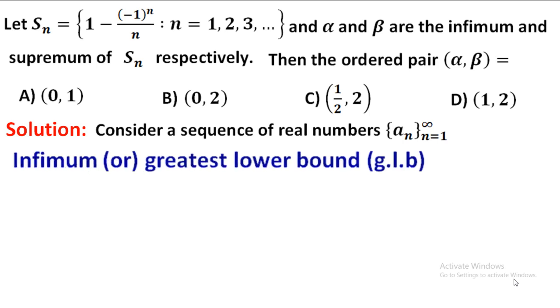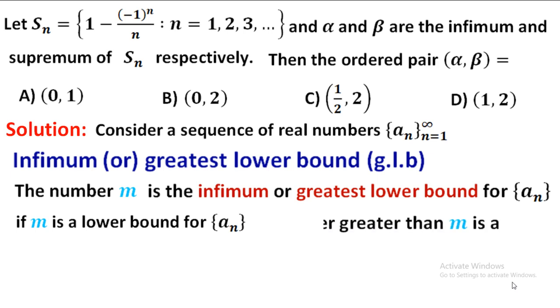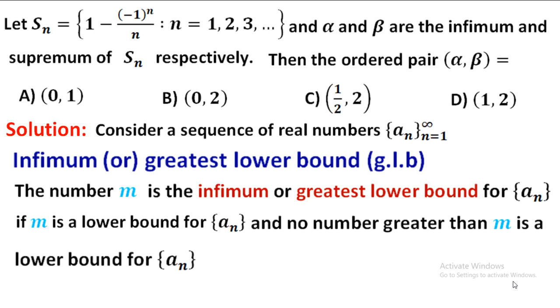The number small m is the infimum or greatest lower bound (GLB) for the sequence a_n if small m is a lower bound for the sequence a_n, and no number greater than small m is a lower bound for the sequence a_n.